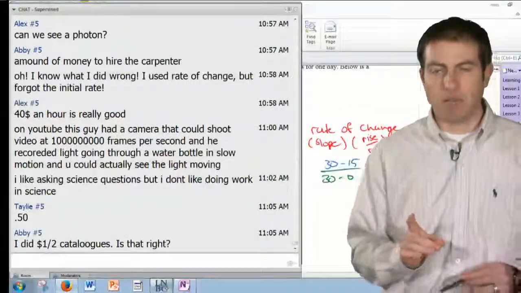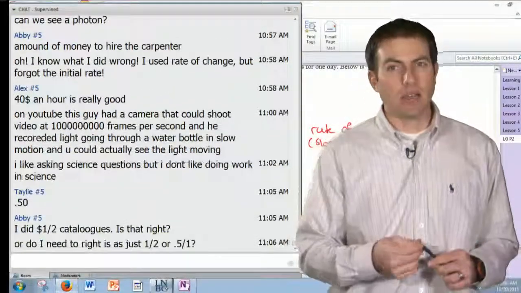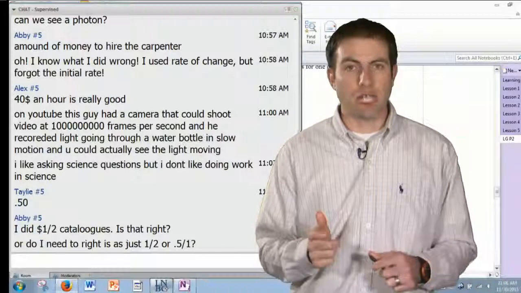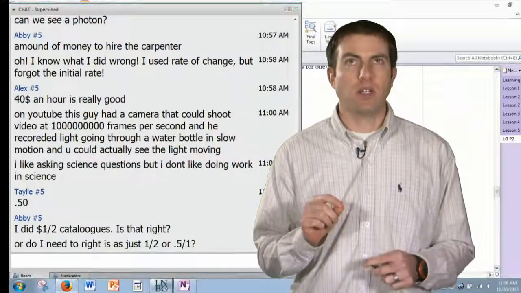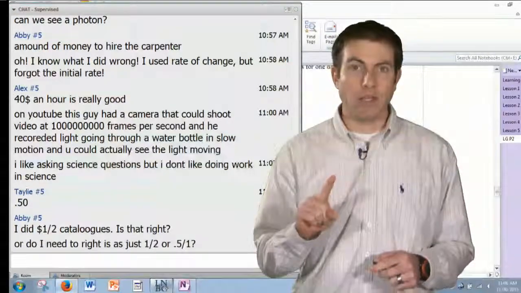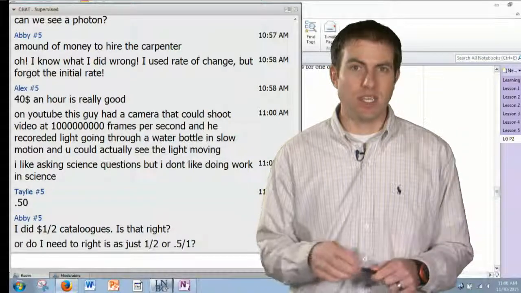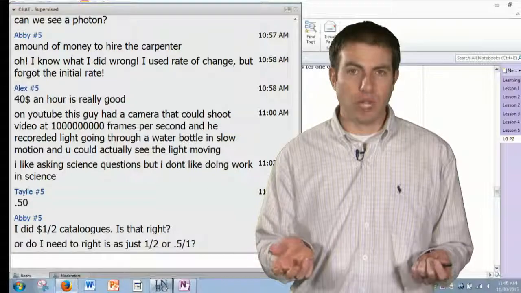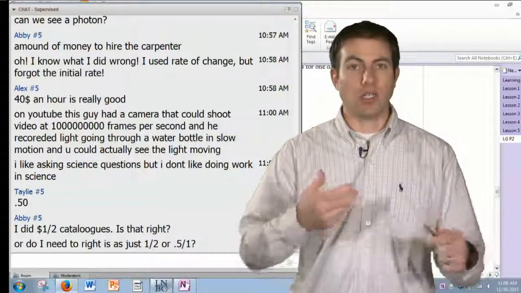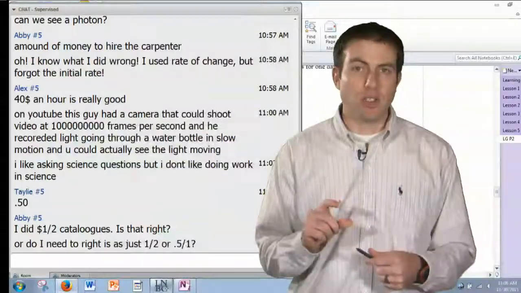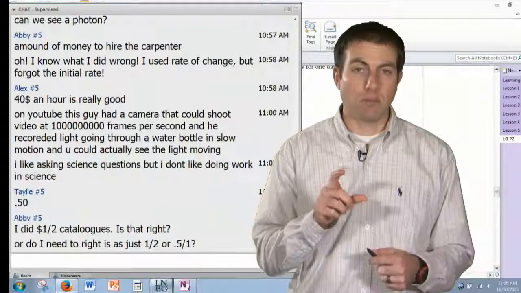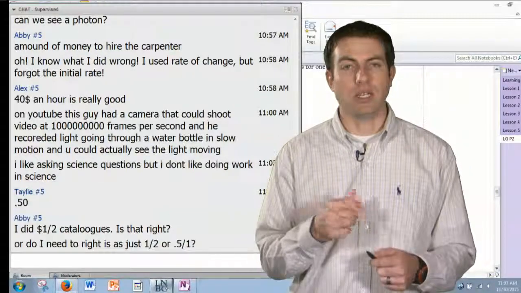That is right, Abby, but this is the kind of tricky thing about rate of change. The rate of change is always written per 1. So although it makes more sense to say you get $1 every 2 catalogs, if you're just talking to somebody in conversation, the rate of change is concerned with the cost per catalog.